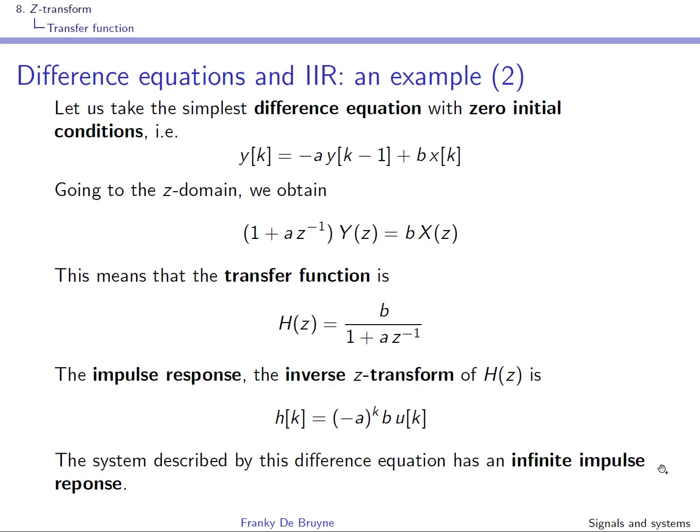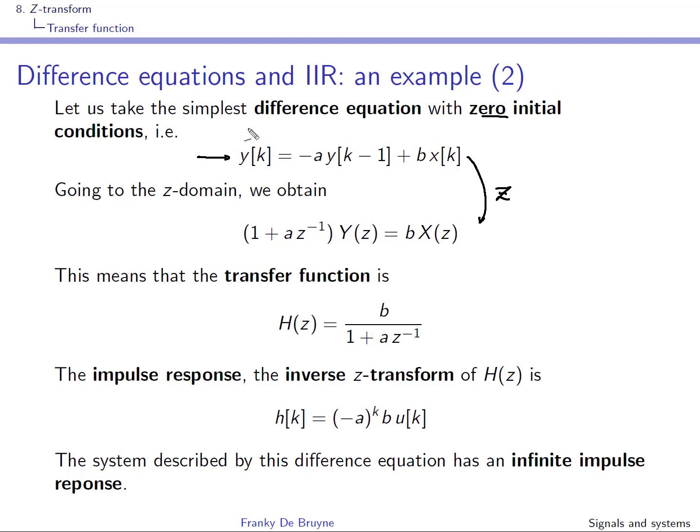The idea here is that we start from the simplest difference equation that you can think of, and that you have 0 initial conditions, right? So we go from this equation in the discrete time domain to the z domain by taking the z transform.